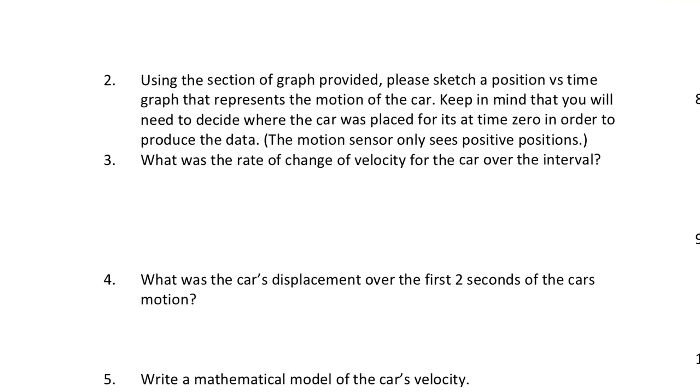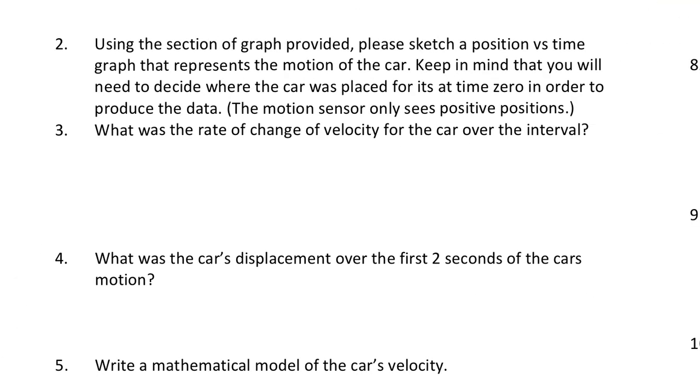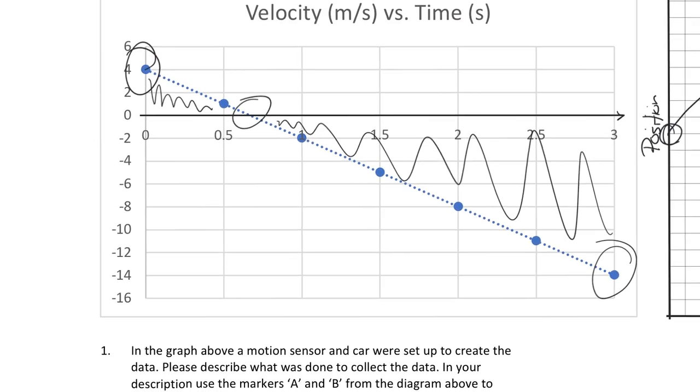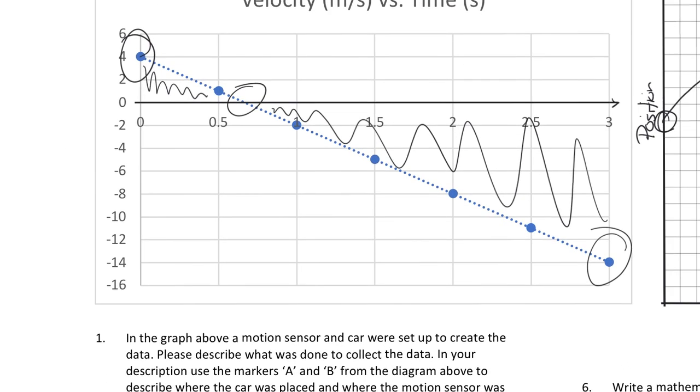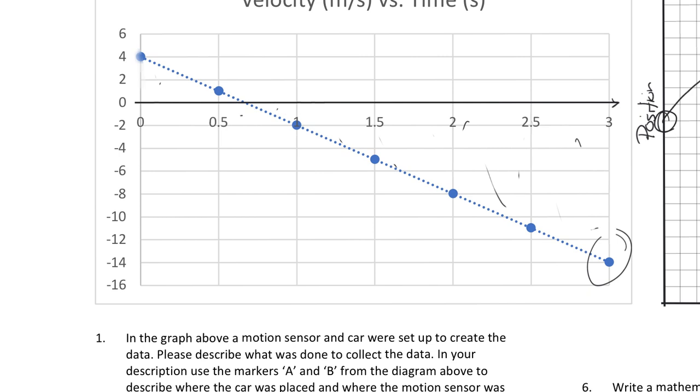Next, what was the rate of change of the velocity for the car over the interval? You got to pick 2 points here in order to find slope. Technically, we're going to be changing a little bit about the way we find slope after this test, but right now I just need a place to kind of pick out that's obvious and easy.